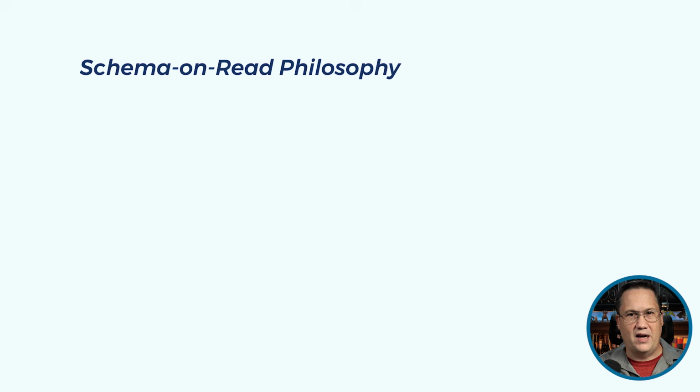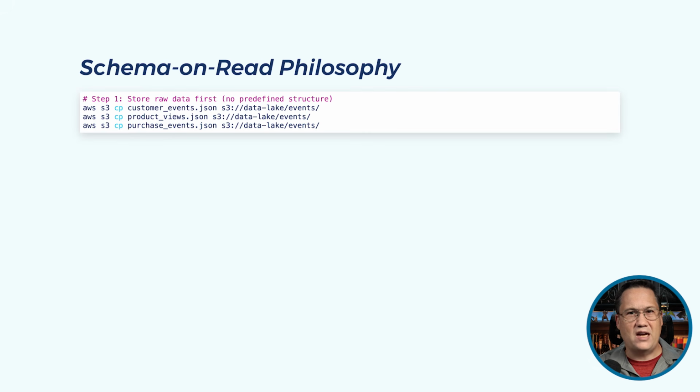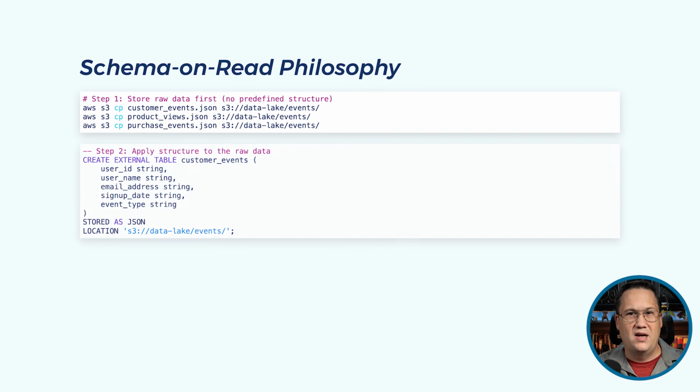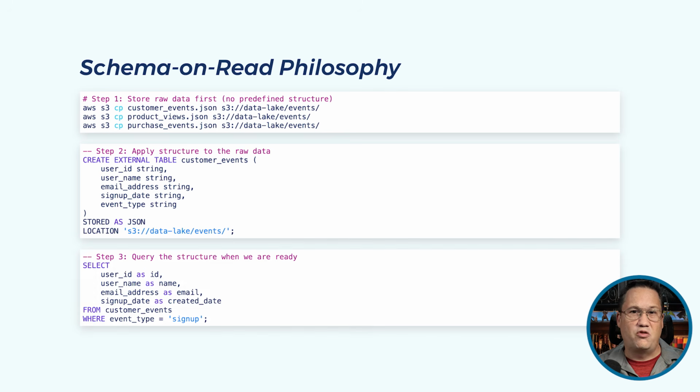This new paradigm flipped our philosophy to schema-on-read. Instead of enforcing structure when writing, we write raw data. Here, we're copying JSON files into object storage without processing. Then we figure out the structure when analyzing, such as converting the JSON files into tables. Finally, we query the extracted structure.